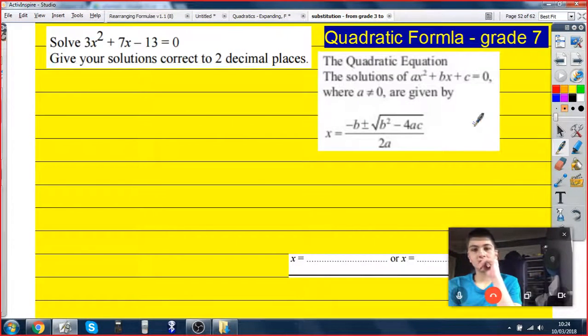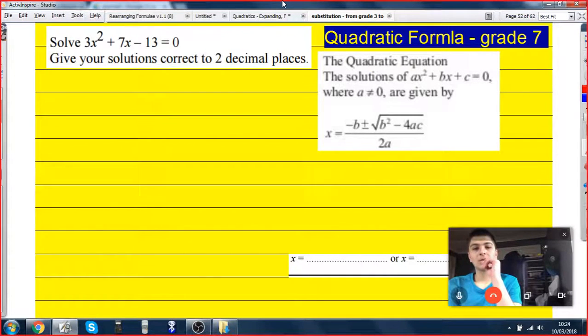Okay, any idea how we solve this quadratic equation? Do we have to times 3 and minus 13?